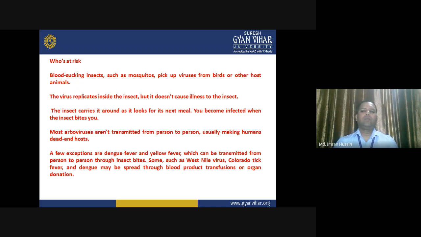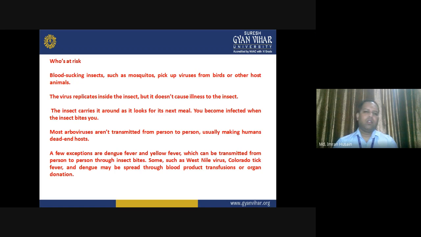So it is not a contagious disease like COVID or coronavirus, but it is transmitted to humans via mosquitoes, usually making humans a dead-end host, and further it cannot go ahead.